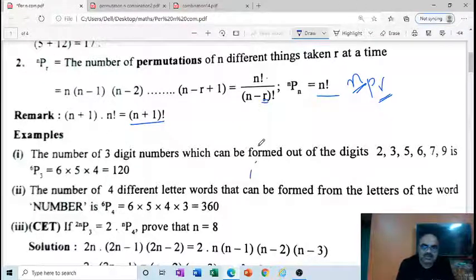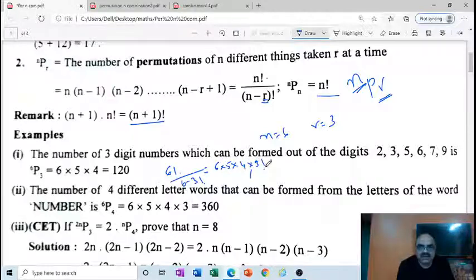Now n is equal to 6 here, r equal to 3. So it is 6P3 is the formula. How do we get it? 6 factorial by (6 minus 3) factorial. 6 factorial is 6 into 5 into 4 into 3 factorial divided by 3 factorial. Remove 3 factorial in it. 6 into 5 into 4, answer is 120.